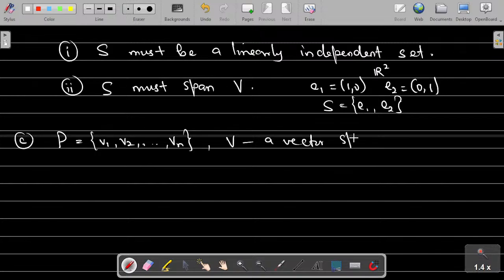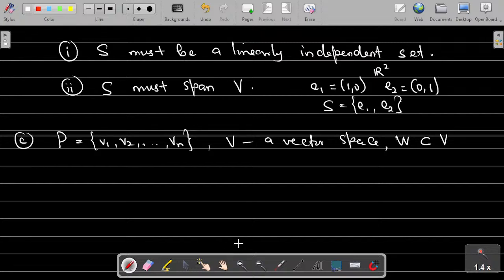Then the subspace W of V, consisting of all linear combinations of vectors P, is called dash.